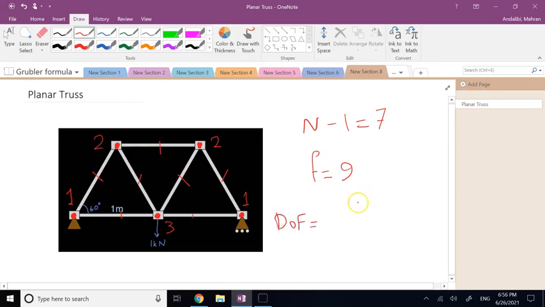DOF equals 3 times 7 minus 2 times 9, and that is going to give you 3 degrees of freedom. Really? Do you think a truss can have 3 degrees of freedom? No. So what happened? Where did we make a mistake?